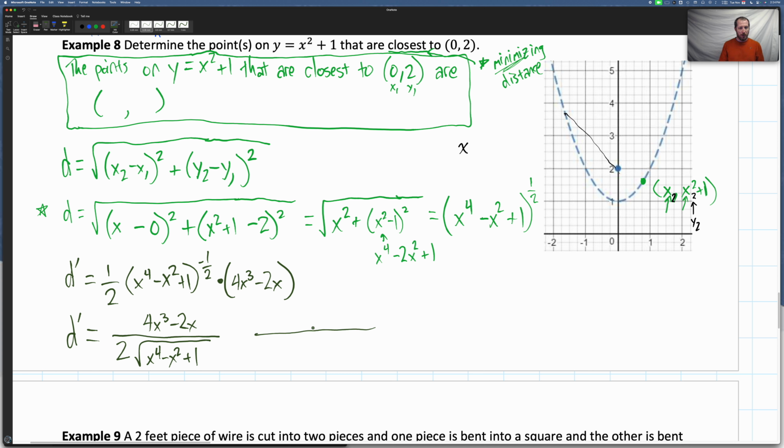So let's find where, I think we're going to need some space for this, where d prime equals 0 and d prime is undefined. All right, we've got a nice rational function here. So we can take that numerator, set it equal to 0. And we can take the denominator, set it equal to 0.